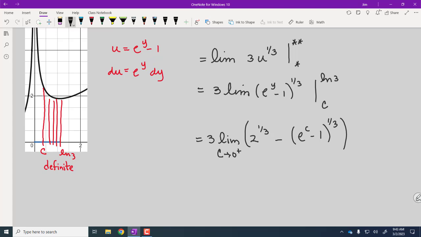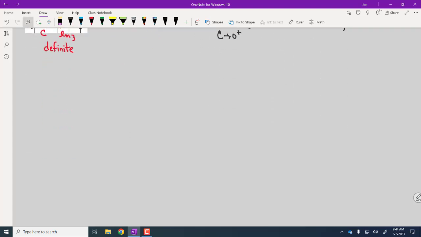The idea is that if this function happens to be continuous at this constant, we know that the limit of a function and the value of a function are the same if the function is continuous. So that's our first strategy.